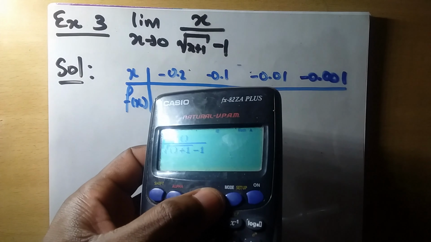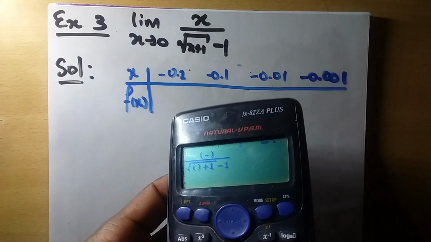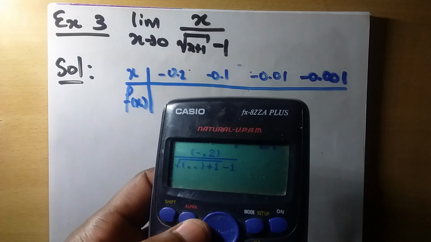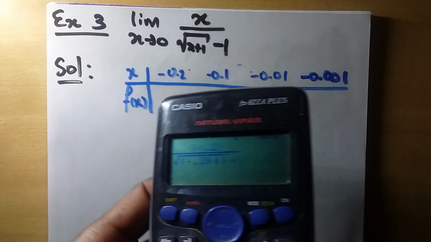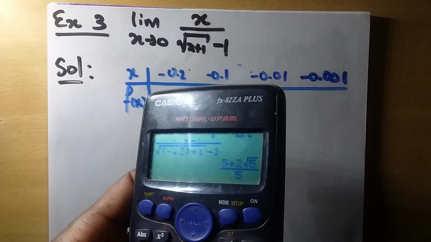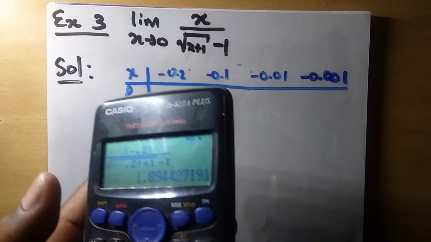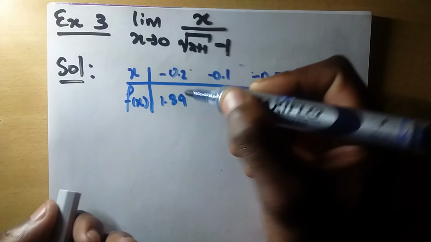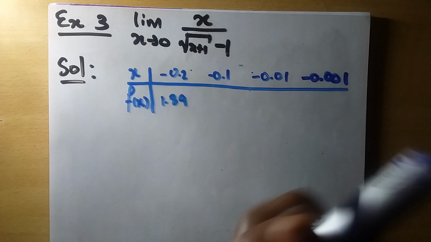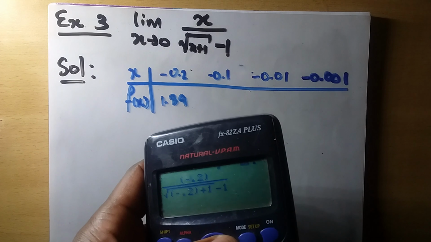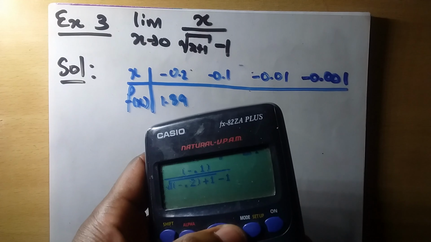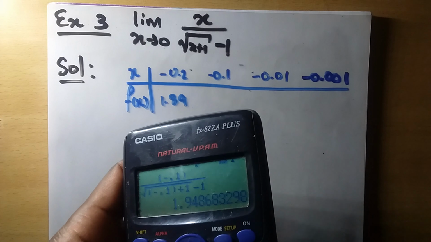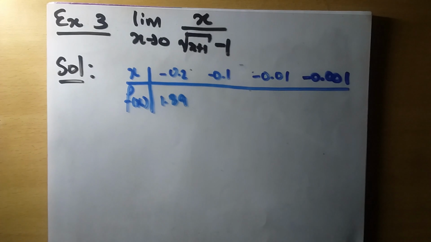So we have negative 0.2, and the first value we get is 1.89. Let us put negative 0.1, we get 1.95.